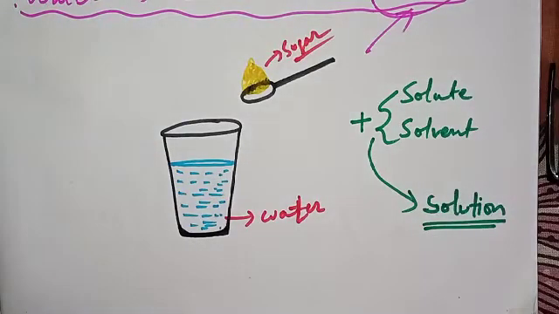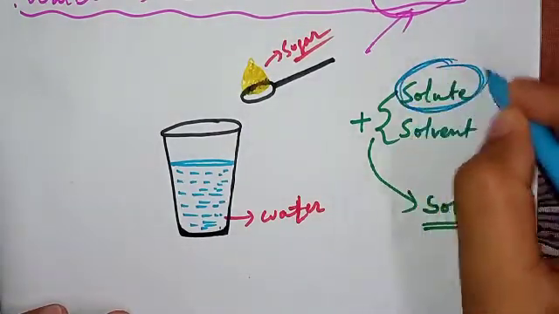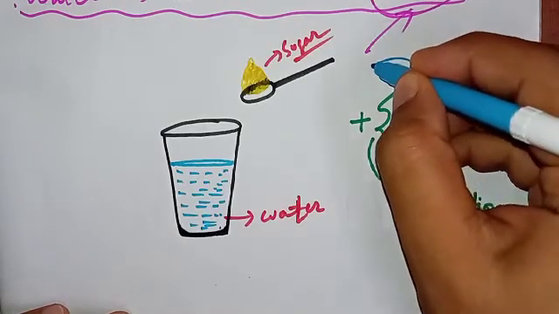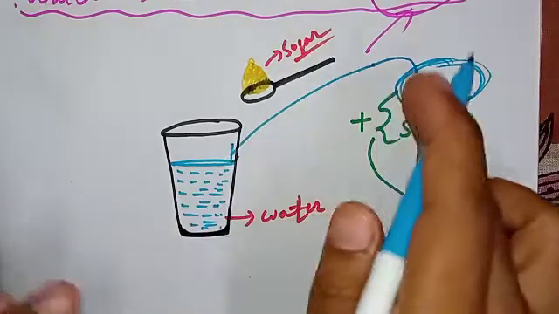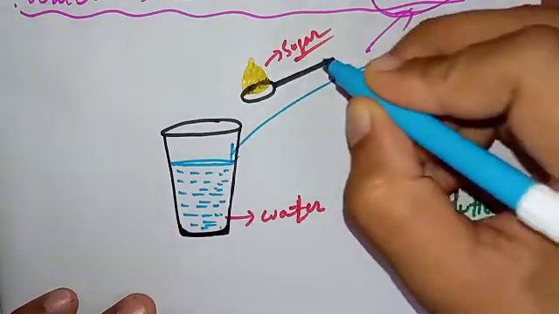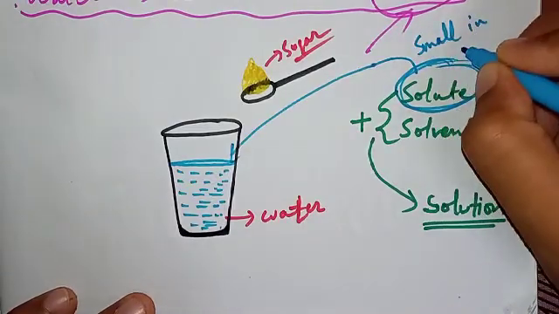So what are solutes? Solutes are substances, materials, entities that get added into something, or that get dissolved into something, and usually they are small in quantity.